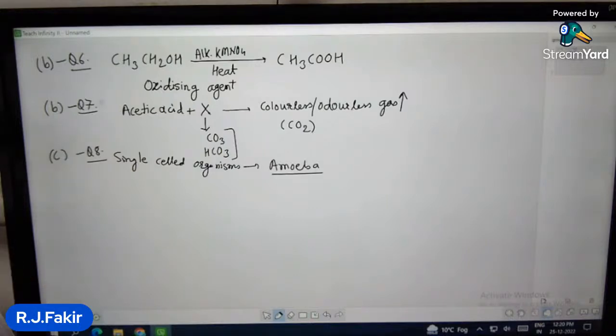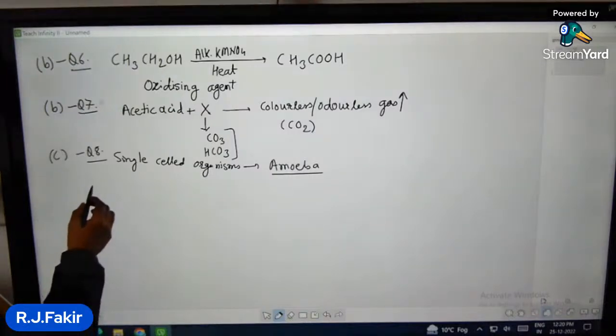There we know that pseudopodia engulf that food, and single cell takes care of its digestion and excretion also.